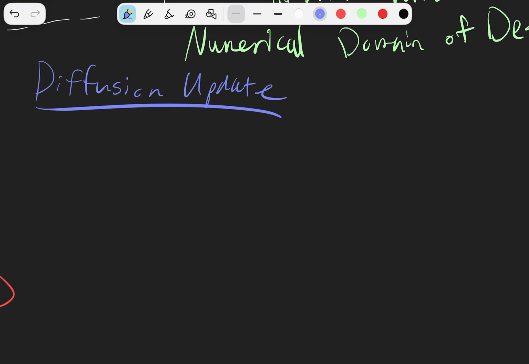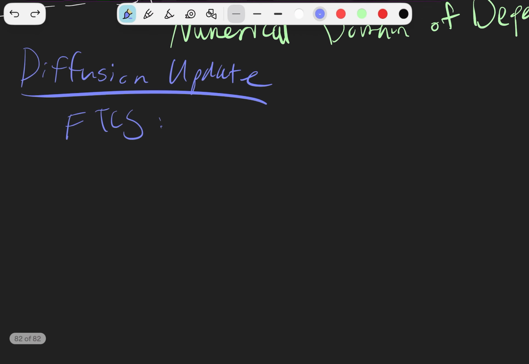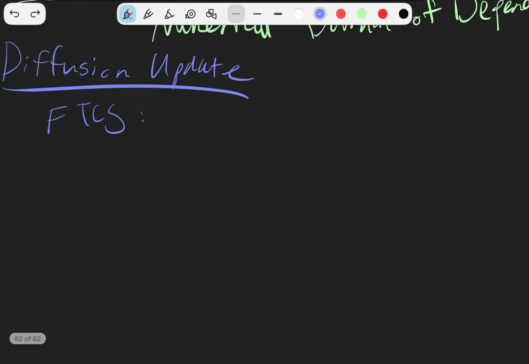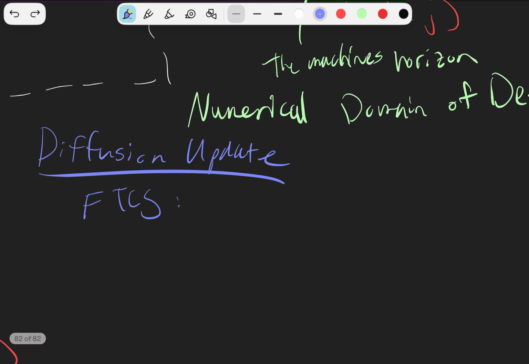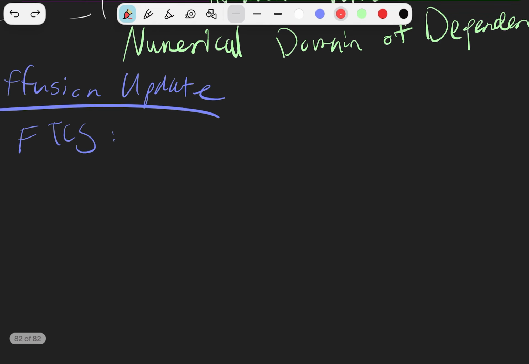So this one would be called FTCS, and this is forward time central space. All right, so what do you think we're going to do? We're probably going to average, if you can anticipate that. We're actually not really going to need any assumptions because we can just take the scheme that we have minus u_j.